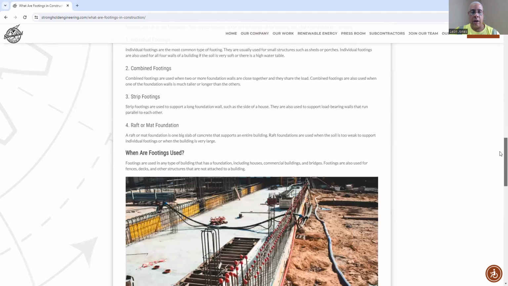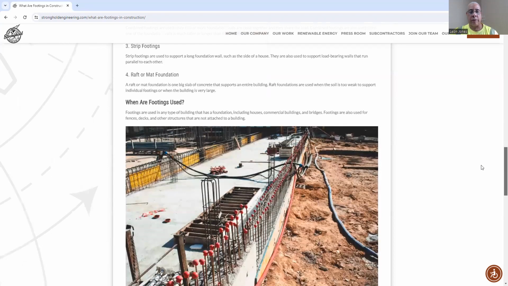Now, when are footings used? Well, footings are used in any type of building that has a foundation, and that includes commercial buildings, bridges, houses. Footings are also used for fences, decks, and other structures that are not attached to a building. You can even use a footing or support when, let's say, you're constructing an intersection and you have to put up signals.